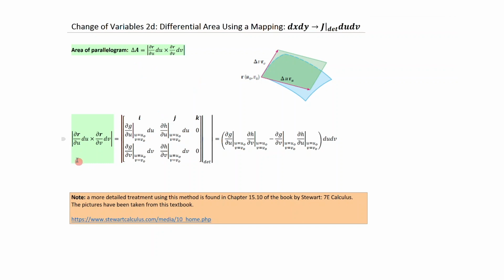And if we now take the information from the previous slide, dr du would have been this term that you see here. There was no z component. And dr dv would have been this term. And this would be the determinant that you're computing, and then you're taking its absolute magnitude. If you do that, you'll end up with the expression that you see here. This is exactly the same expression that we saw using the different approach on the previous slide.